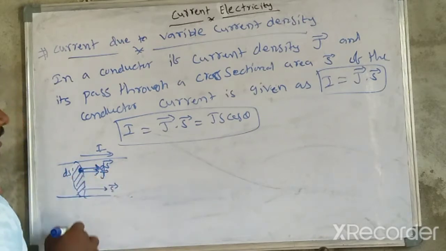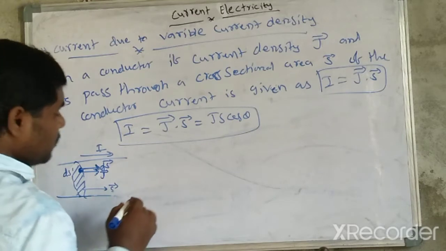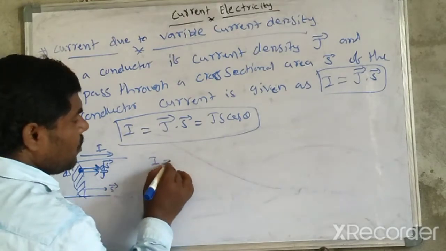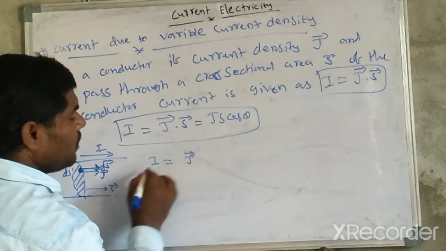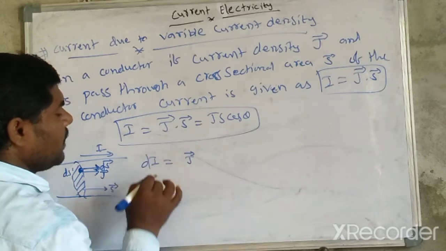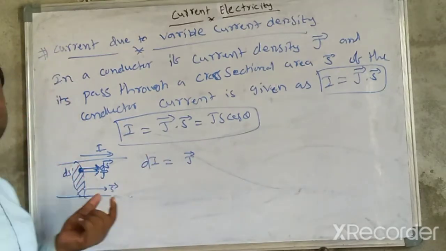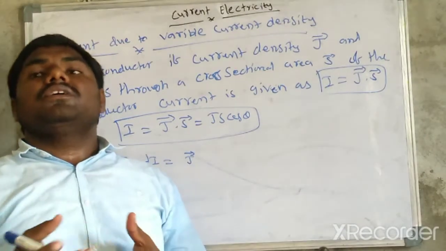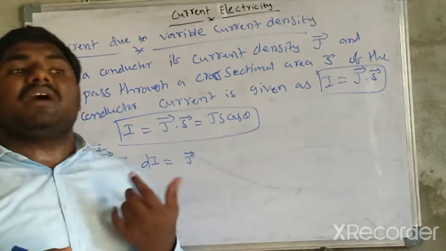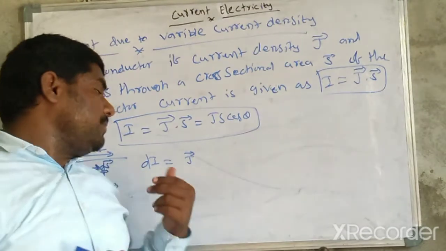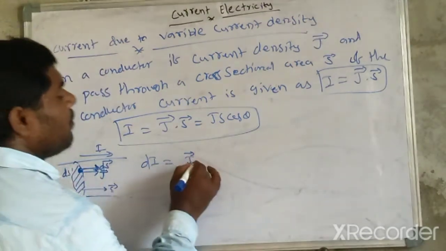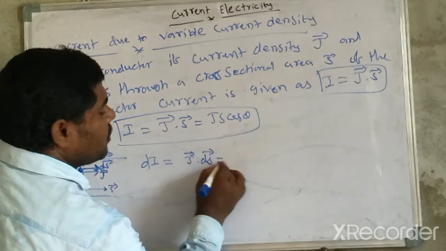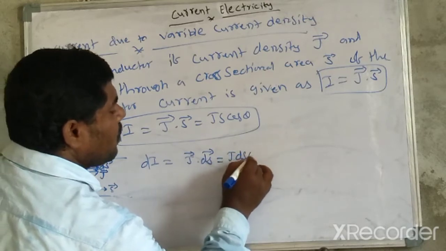So the small elemental current di through the small elemental area ds is equal to j bar dot ds bar, which is equal to j ds cos theta.